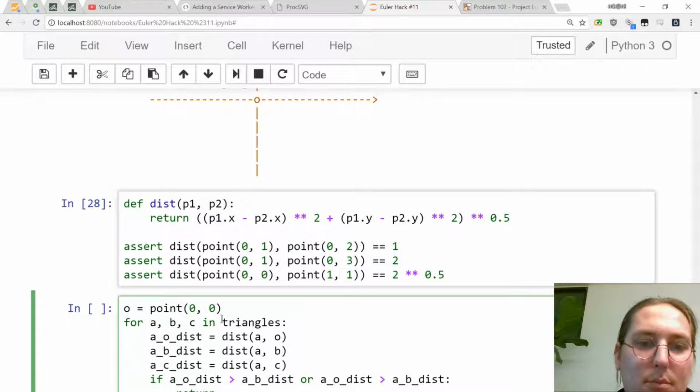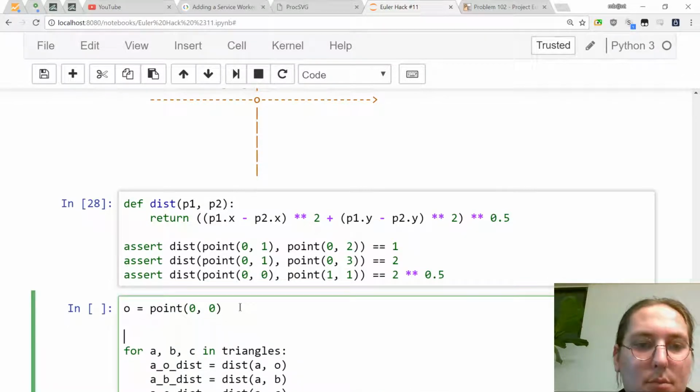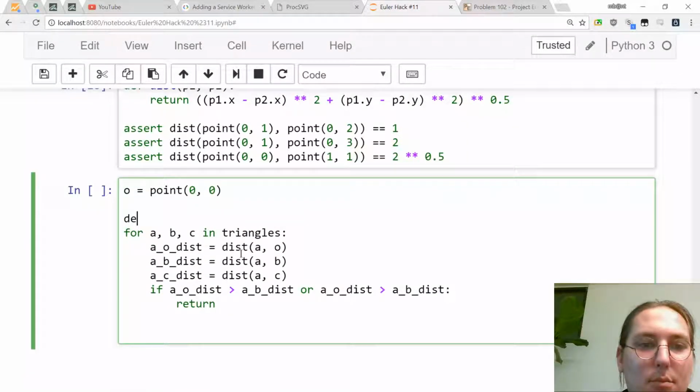What are you computing? If AO dist is bigger than AB dist or AO dist, return false.